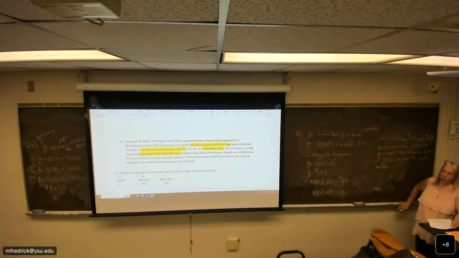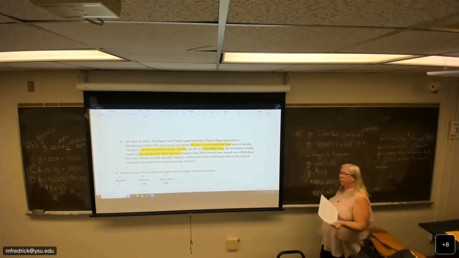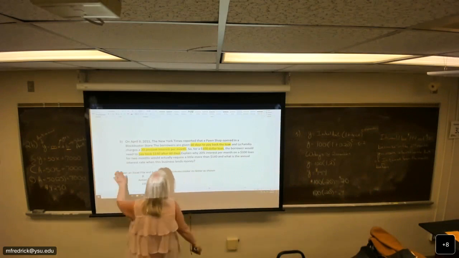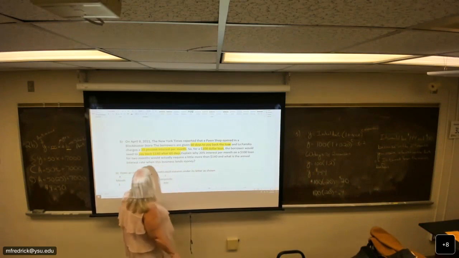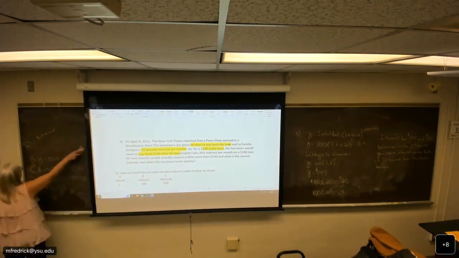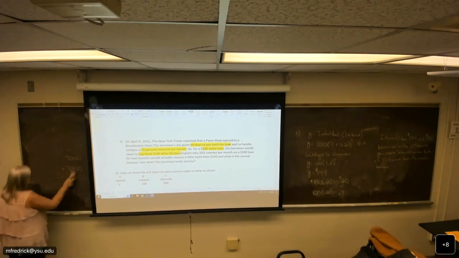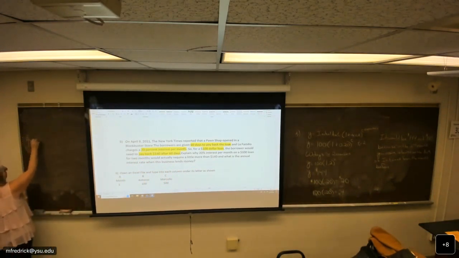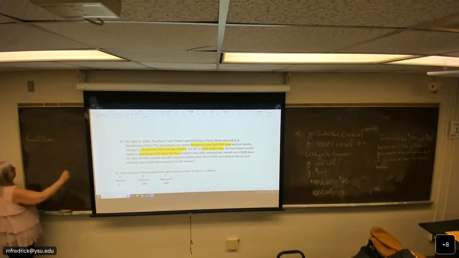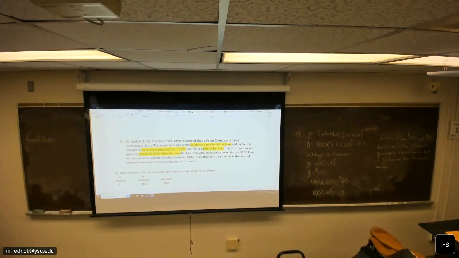To find the annual rate, that's relative percent change. But in order to use relative percent change, because we said a year, what is the annual interest rate when they lend money? Relative percent change, but we need to know how much you owe in a year. We know what we started with, $100.